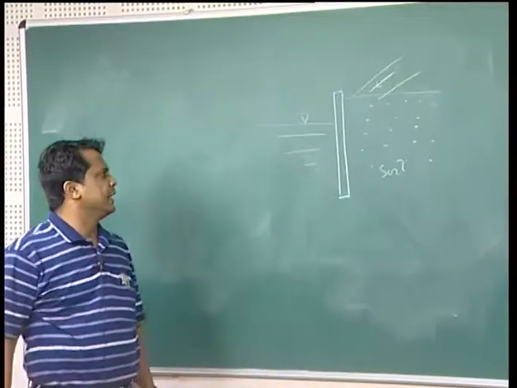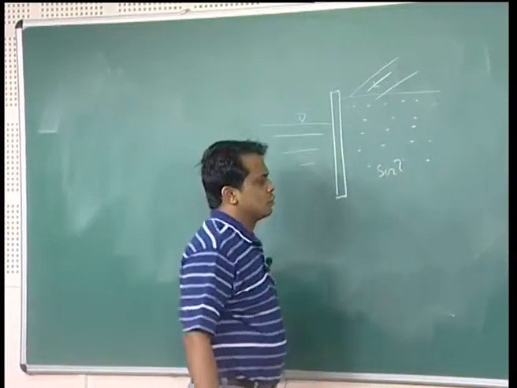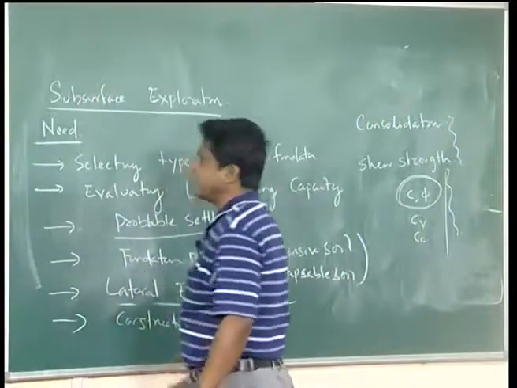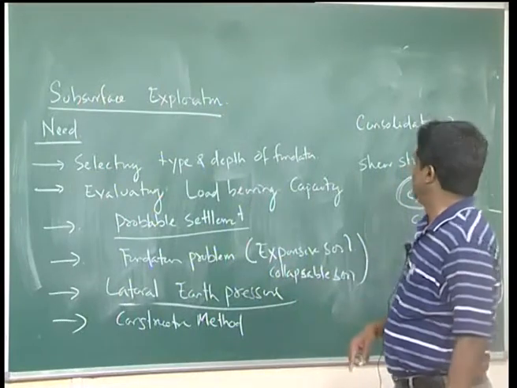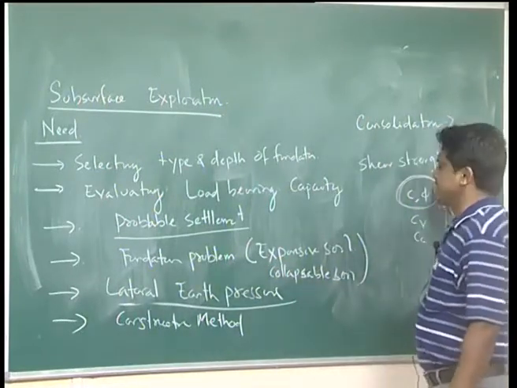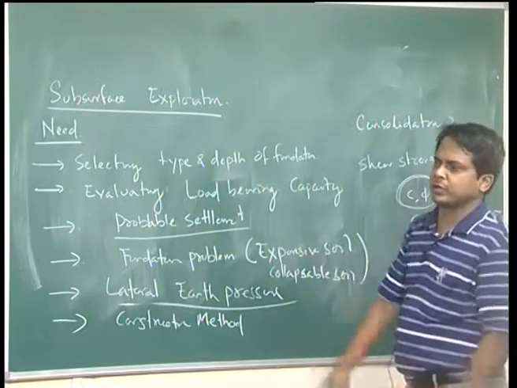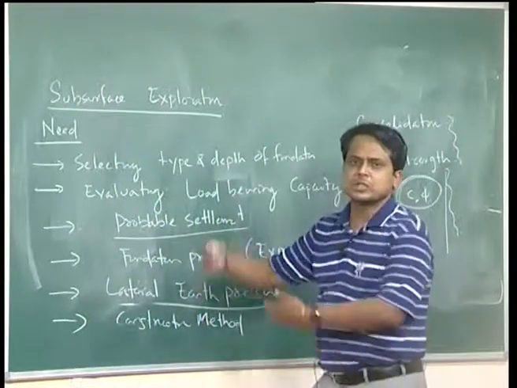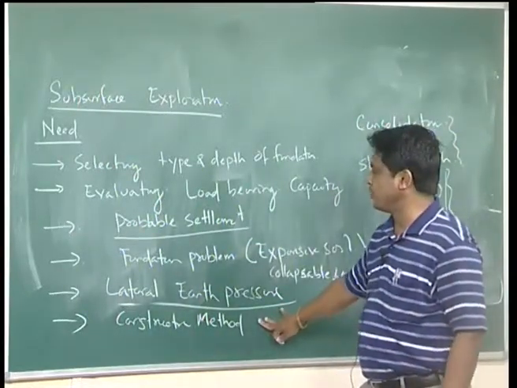What will happen in the retaining wall? It will apply lateral pressure. So, to find what that lateral pressure is, that is also required from your subsoil exploration, from these consolidation and shear strength parameters. Then how do you construct? Once you get the shear strength parameters, what construction methodology you are going to use, that you also want to decide.